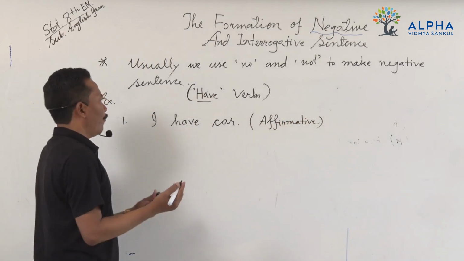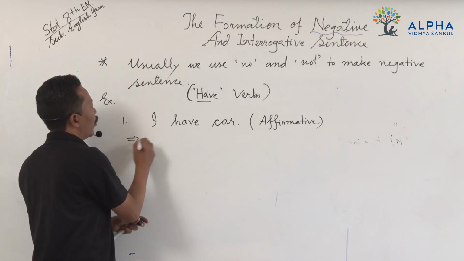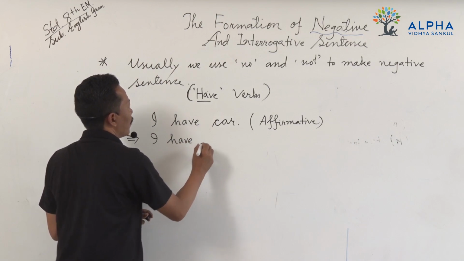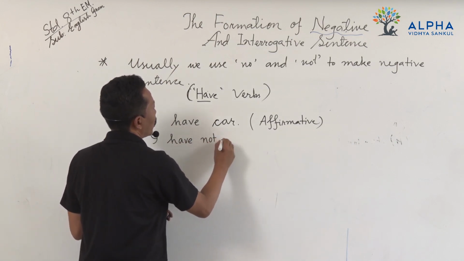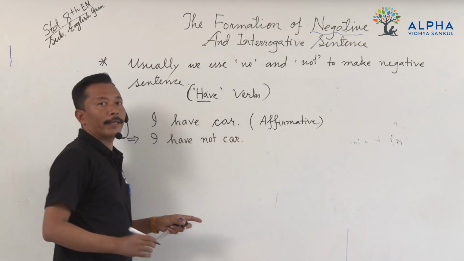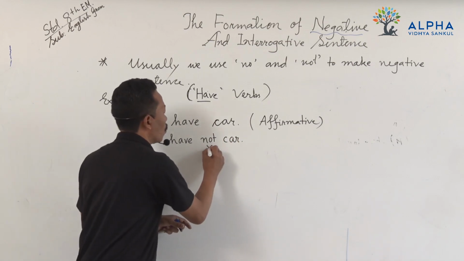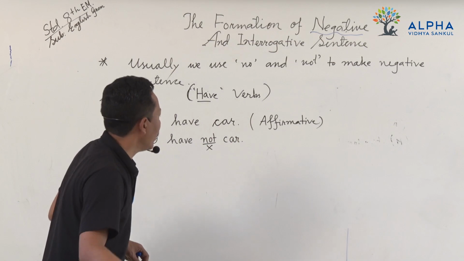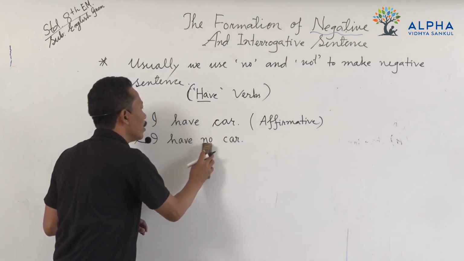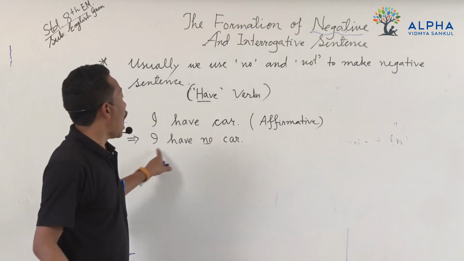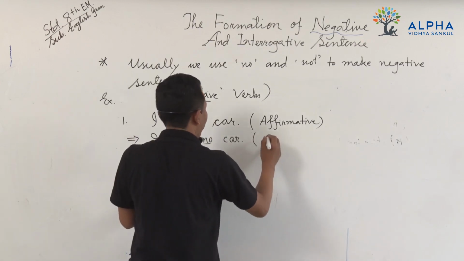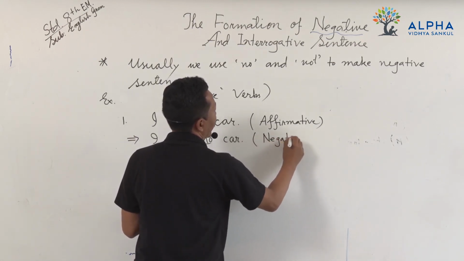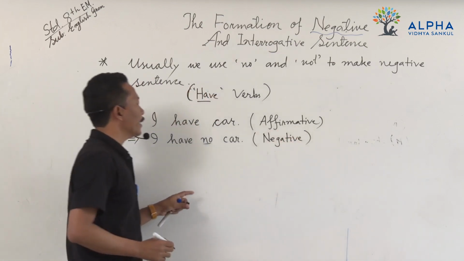Then if we want to change it into negative, we can say: I have not car. Here students, this is wrong. It should be only: I have no car. And it becomes a negative sentence.